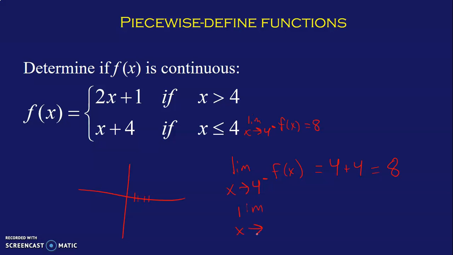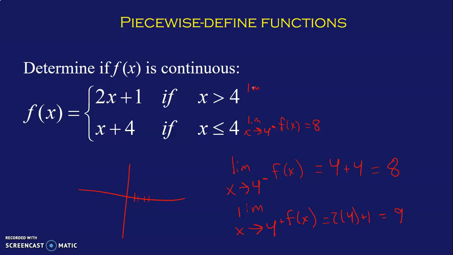Now the limit as x approaches 4 from the right would mean that x is greater than 4. So coming in from the right, I'd be using this function. So 2 times 4 plus 1, 8 plus 1 is 9.